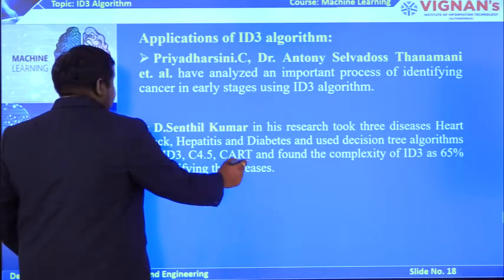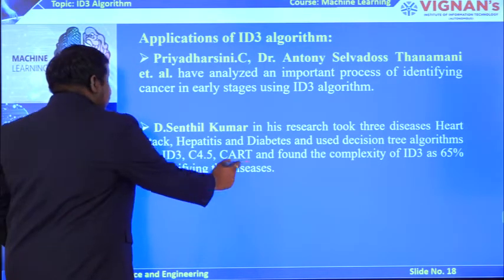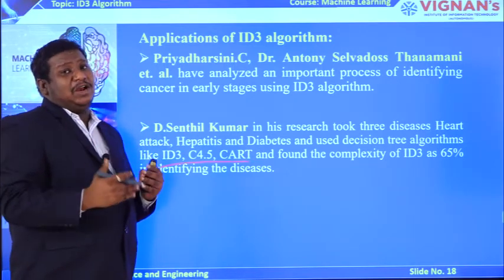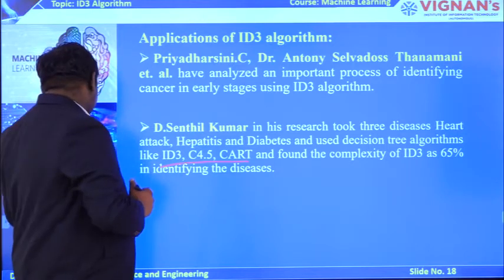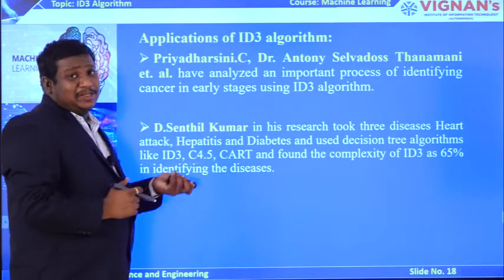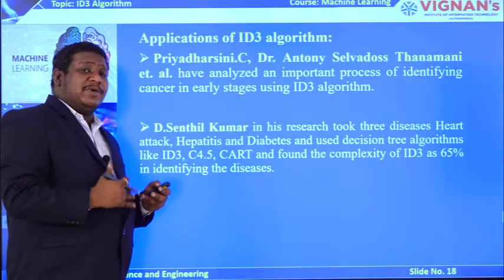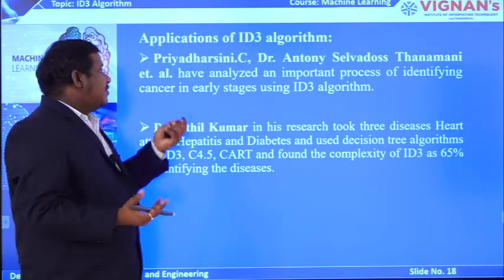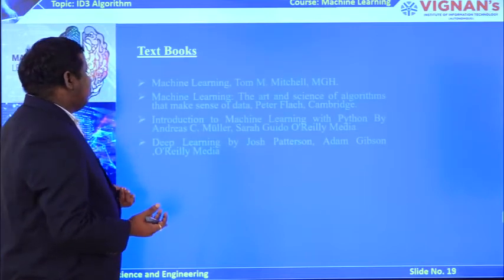He used it to identify whether the patients have chances of getting a heart attack. So, these are some of the real time applications used by several researchers to find solutions to various real time problems by using this ID3 algorithm.